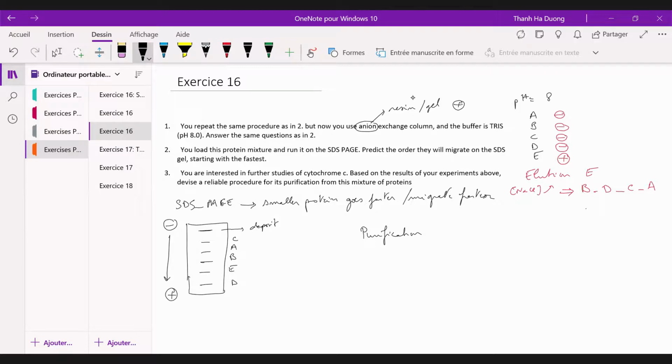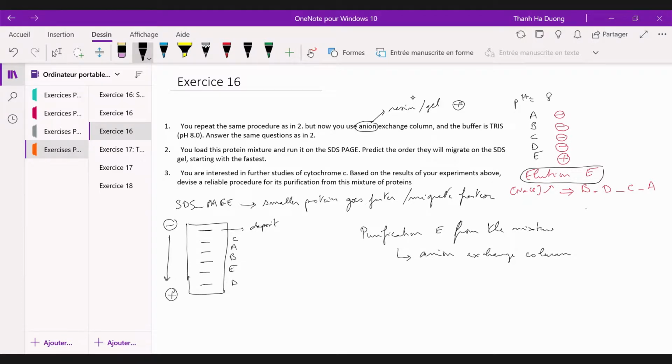If you want to purify it from the rest of the mixture, you elute E while all the other proteins are bound to the resin. So the best technique will be the anion exchange column.